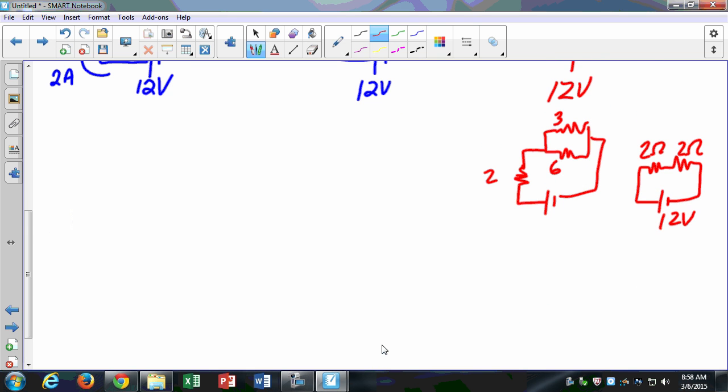Alright, so these are identical, so I have 6 volts here and 6 volts here. That means I have 6 volts on this 2 ohm resistor. Here I had 6 volts across these 2 resistors. That means I have 6 volts here and 6 volts here.